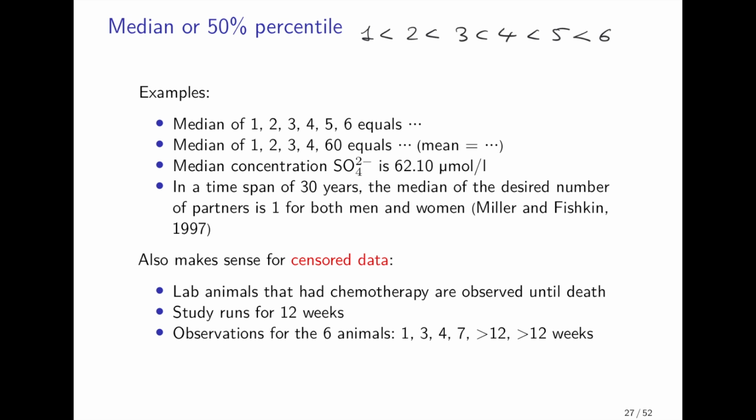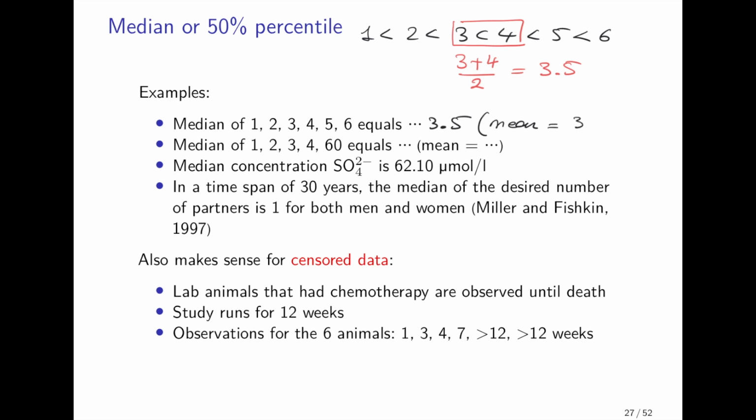So we have to take the middle 2, 3 and 4, and compute the average of those two. 3 plus 4 divided by 2 gives me 3.5. So the median of 1, 2, 3, 4, 5, 6 equals 3.5, just like the mean. The mean was also equal to 3.5.